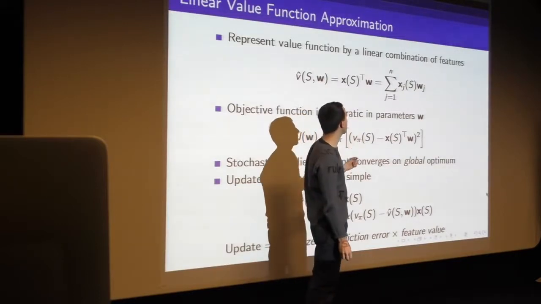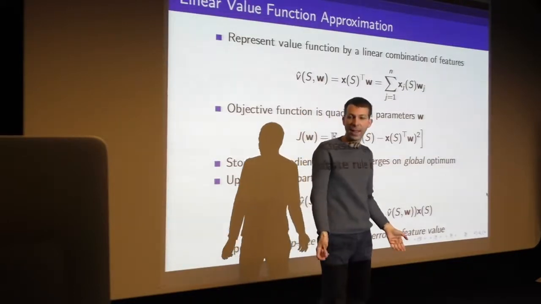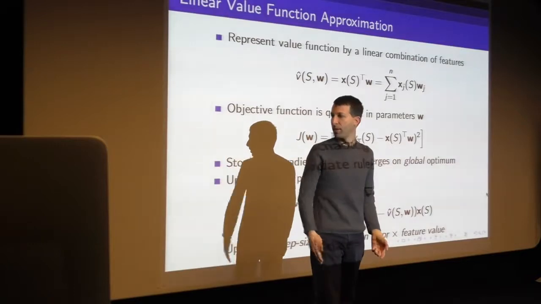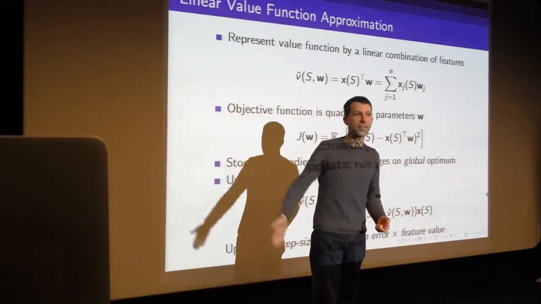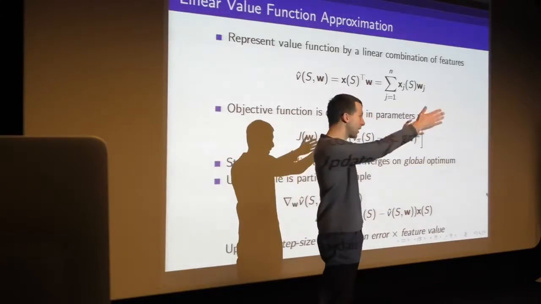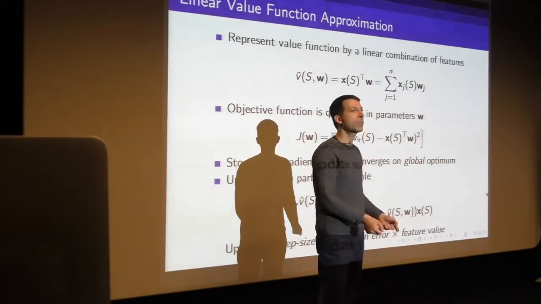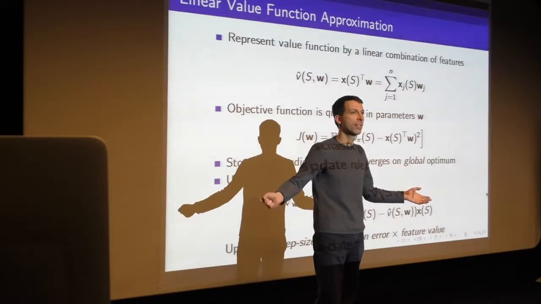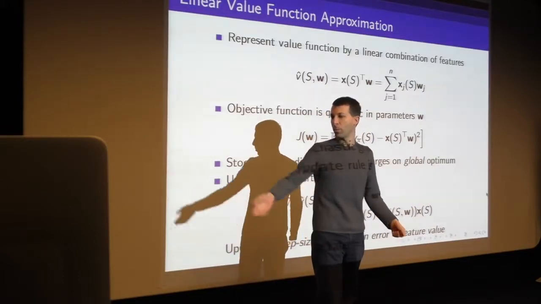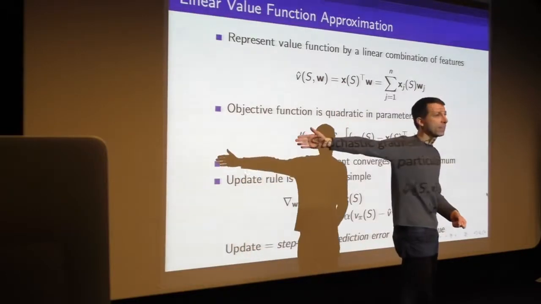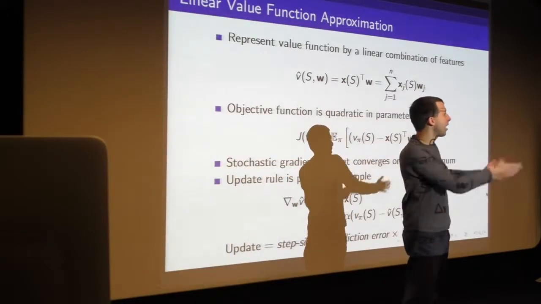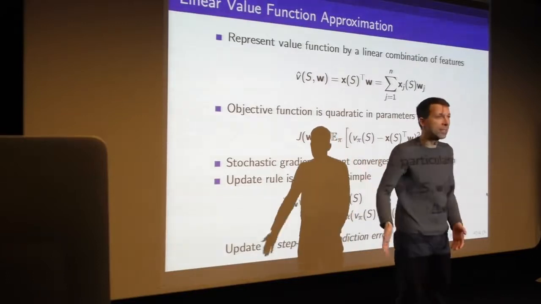So this basically says I'm now going to estimate the value function of being here by saying, okay, I'm going to have some weight that tells me how good I think it is to be a certain distance from this wall, and how good I think it is to be a certain distance from this wall, and I'm just going to take a weighted sum of those things. So maybe I think I get one more unit of reward for each time I step away from this wall, and minus half a unit of reward each time I step away from this wall.